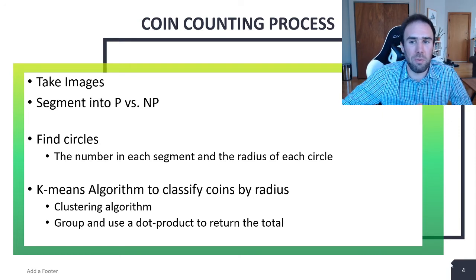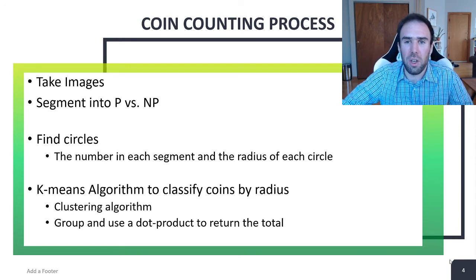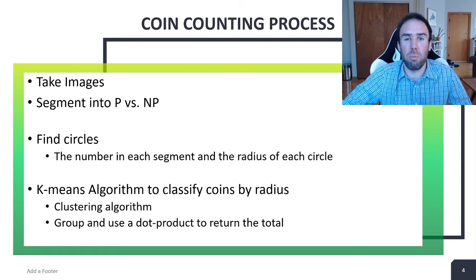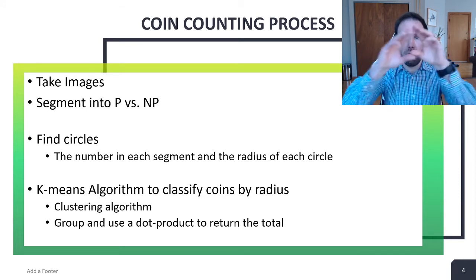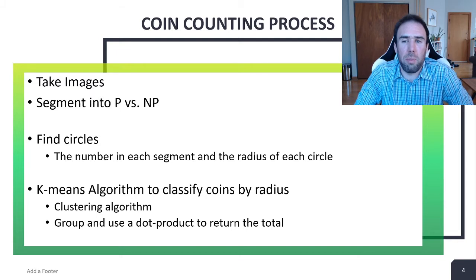So I started off doing some color segmentations with HSV, and then I noticed for really dark images, RGB, I was able to get a little bit more performance out of it. But from then, I would have two binary images, one with just the pennies and one with the nickels, dimes, and quarters.